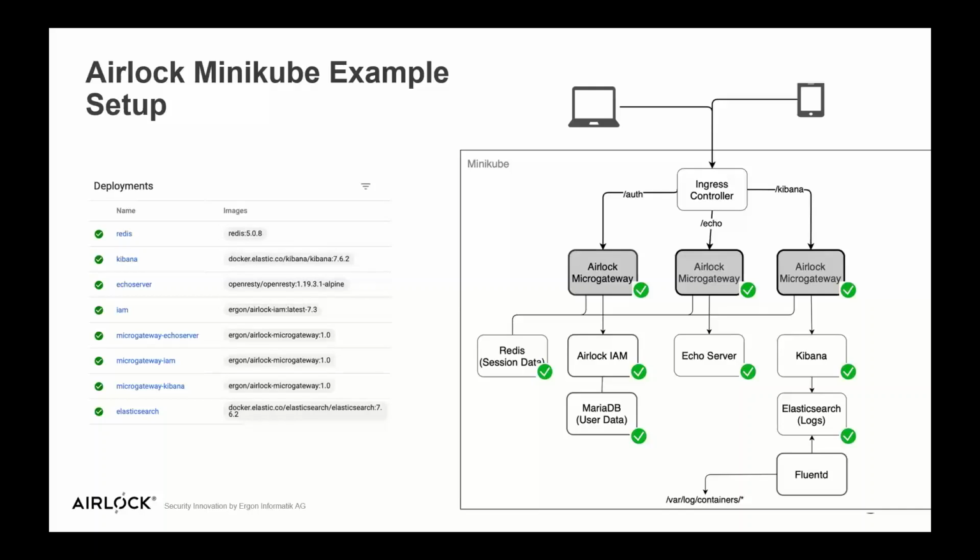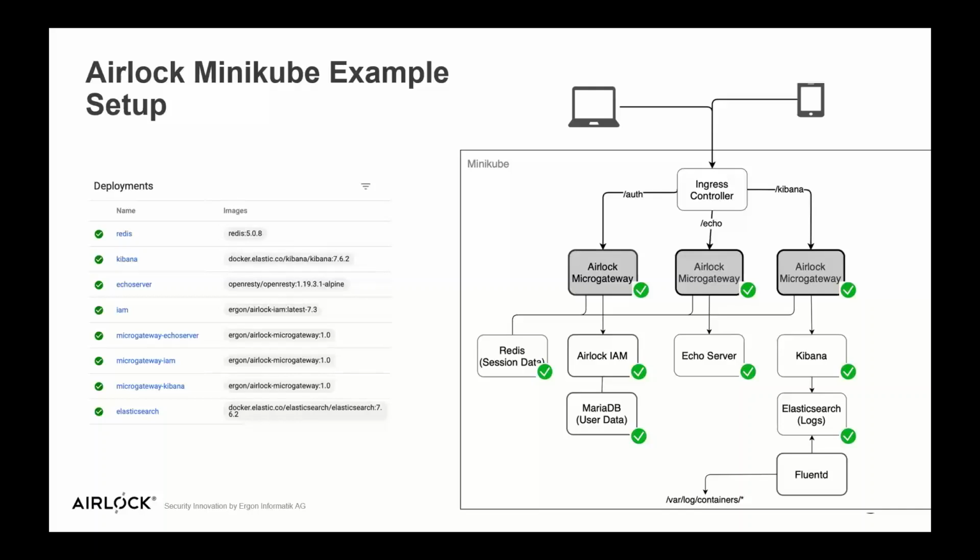Then you have on the left side the Airlock IAM, including a database to hold the session info and the user information, of course. And on the right side, you have Kibana, which points to Elasticsearch, which is fed by FluentD, which goes through the Airlock containers' files and gets all the logs from the corresponding services and puts them into the Elasticsearch.